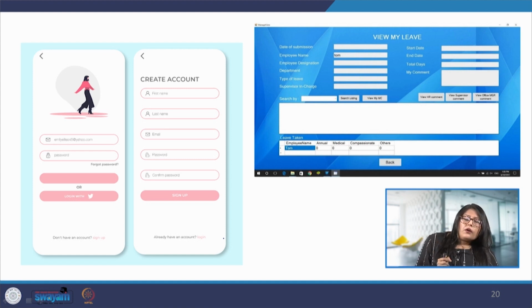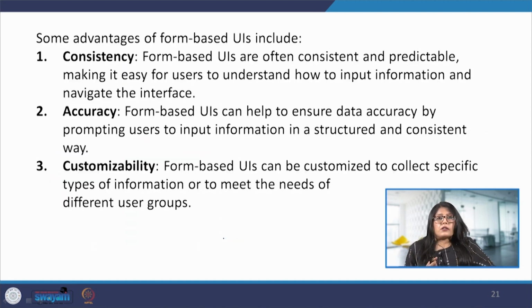So, these are very effective ways of getting the input of the user, but they have to be designed well in order to get the correct information and to minimize any type of frustration that the user may feel while using them. So, some advantages are consistency. So, they are consistent, predictable.